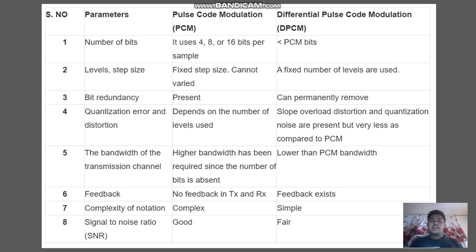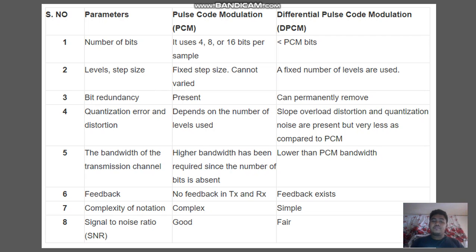In bit redundancy, PCM has it present, while in DPCM it is present but can be permanently removed. Next is quantization error and distortion. In PCM, it only depends on the number of levels used. In DPCM, slope overload distortion and quantization noise are present but very low compared to PCM.